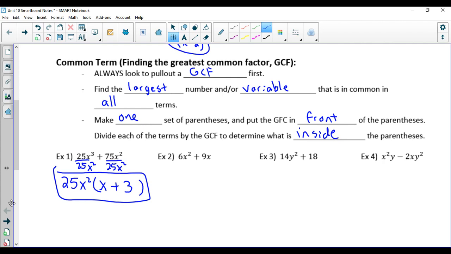All right, for example 2, we're looking for, again, the largest number and or variable that goes into both terms. So 3 is the number, and they both have at least an x.